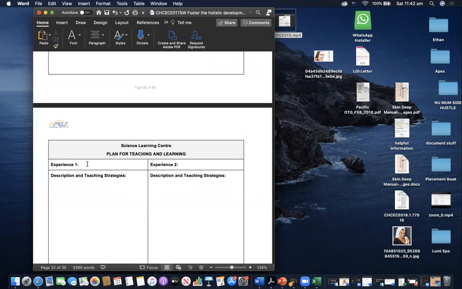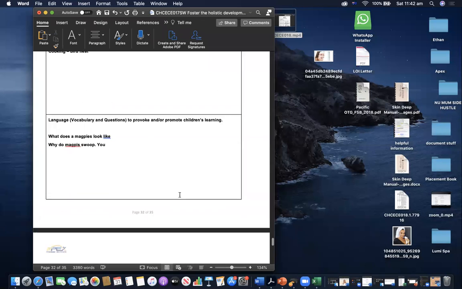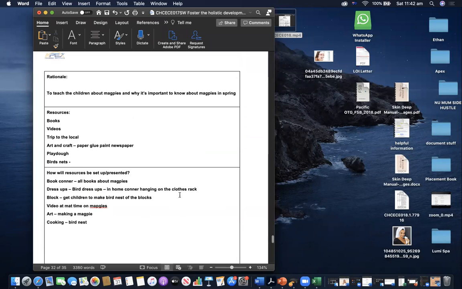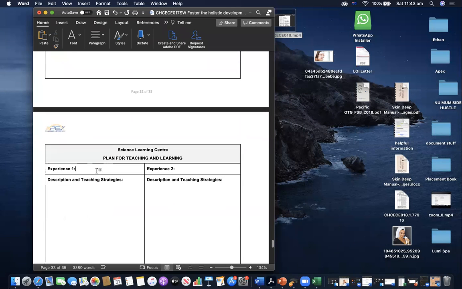Now, experience 1 and 2 and 3 and 4. So I'm going to go up here to how I would be setting up my resources and see how I've got the activities. So I'm going to say cooking a bird's nest, okay? This is going to be my experience cooking, and we're going to be making bird's nest.